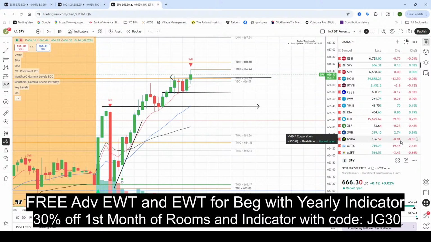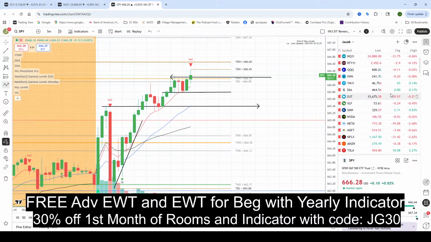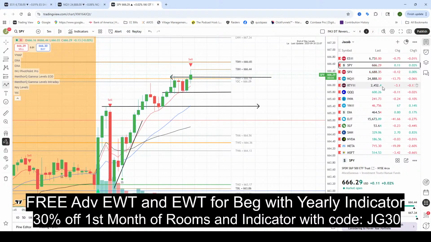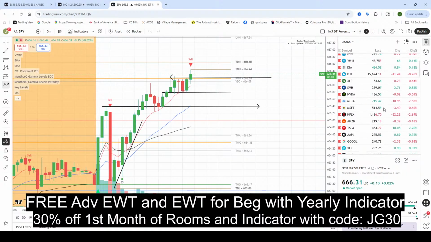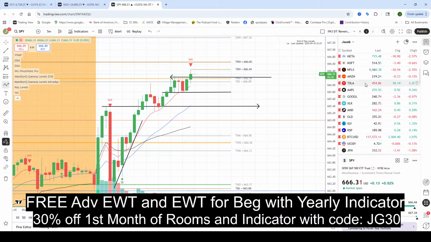Now Nvidia's red. Trying to understand what's keeping the market up. Oh, I see that we got a breadth push. The breadth went to positive 112. Was RTY green? No, RTY's red. Who's pushing the market today? Tesla. Nvidia's flat. I don't know.